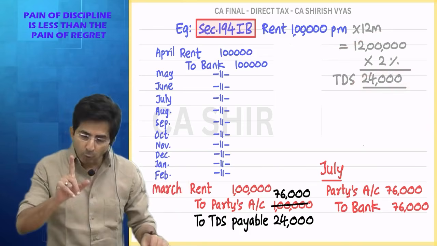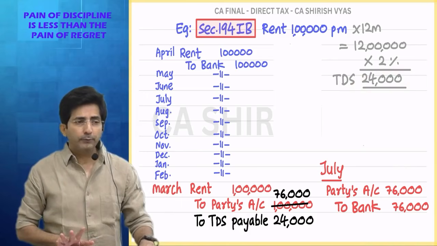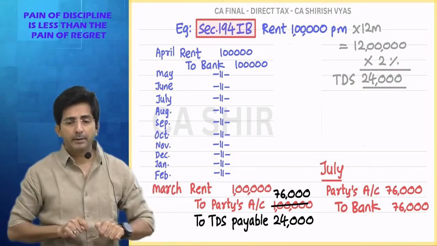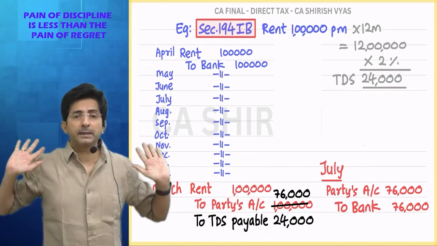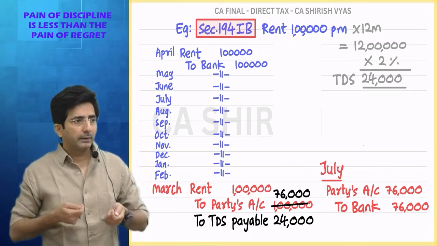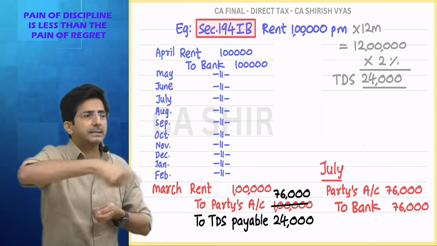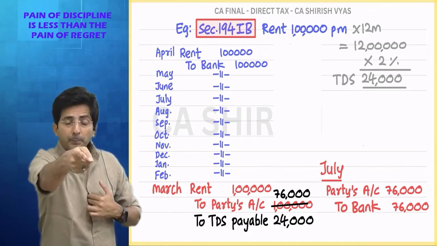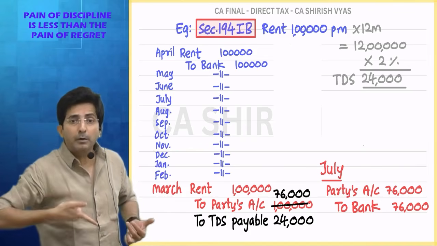Now, there is a rule in TDS. If the receiver does not give his PAN, the payer will cut 20% TDS. Tell me, who deducts TDS? Payer. Like, see, if I make payment of rent, etc., I am the payer, but the other party is the receiver. So the other party is supposed to furnish his PAN number to me.